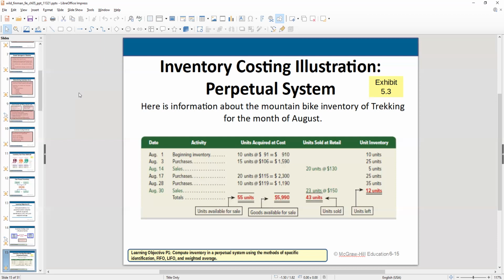Let's see, 55. So 55 units were acquired. Our ending inventory was, let's see, 43 units. I'm sorry, the units sold were 43 units. So we have 12 units left.